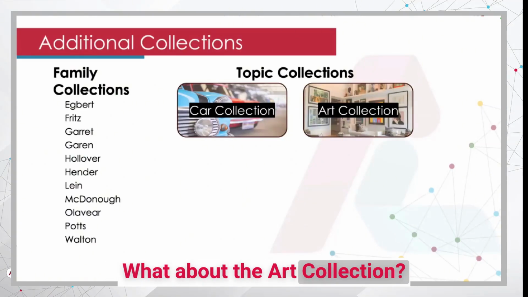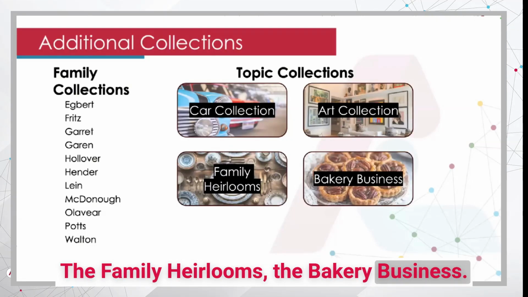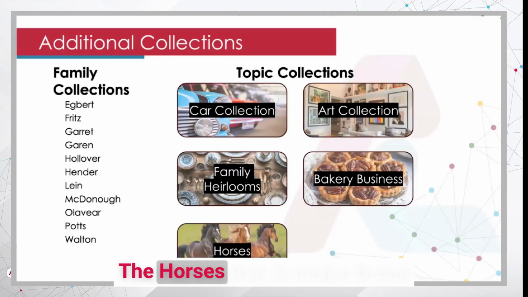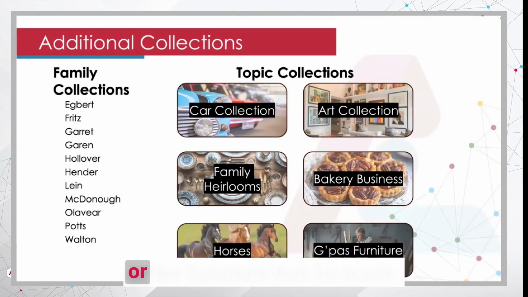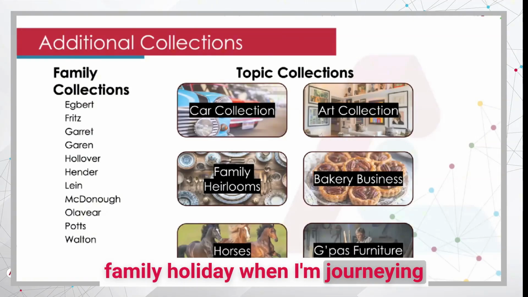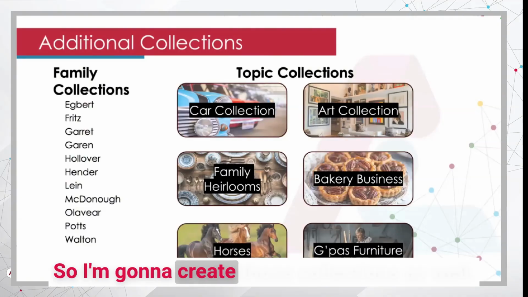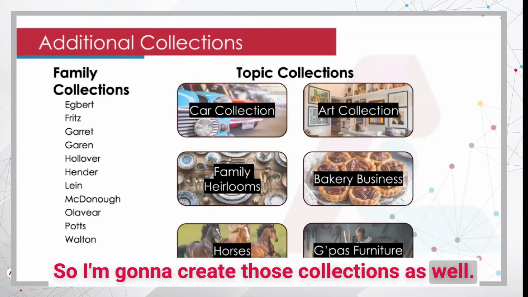What about the art collection, the family heirlooms, the bakery business, the horses that Grandpa bred, or the furniture that he made? Those are all very important pieces, but not necessarily things that I want to journey through at a family holiday when I'm journeying through our history and our people. So I'm going to create those collections as well.